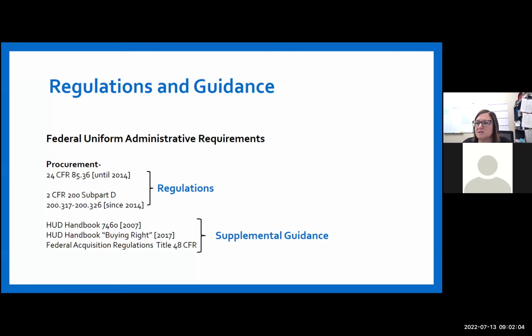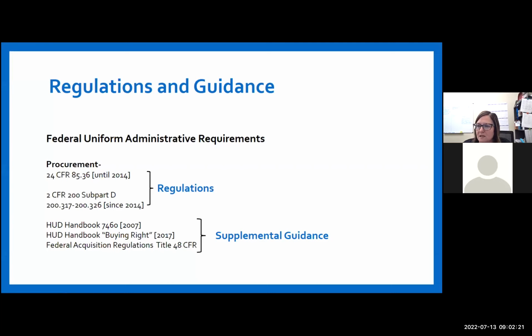So the regulations and guidance for federal procurement are under the Federal Uniform Administrative Requirement. For procurement, it's 24 CFR 85.36 prior to 2015.